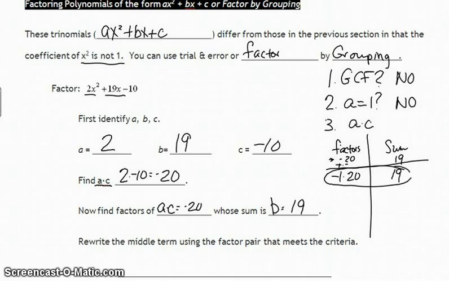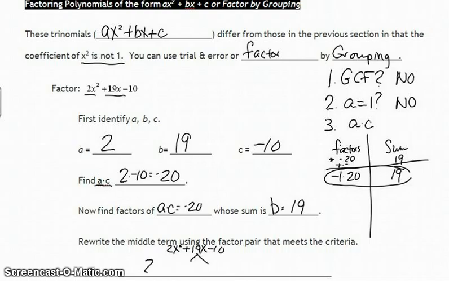If you don't find it on the first try, just keep going through the list of factors until you find it. Once we have that factor pair, we are going to rewrite our middle term of 2x squared plus 19x minus 10 using those two factors.